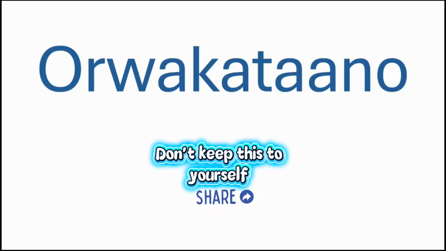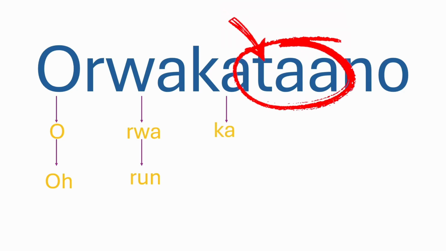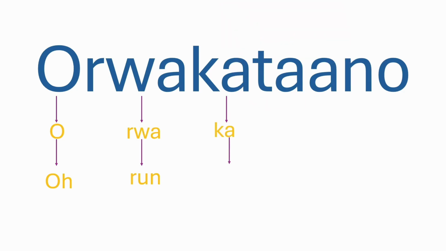The next day we're going to discuss is Friday. The Rukiga word for the word Friday is Orwakatano. We have O, R-W-A, Orwa, K-A, Ka, Orwaka, T and A, Ta, Orwakata.